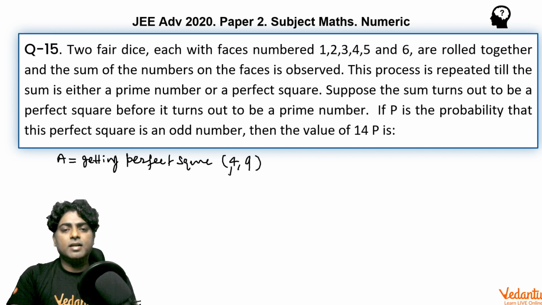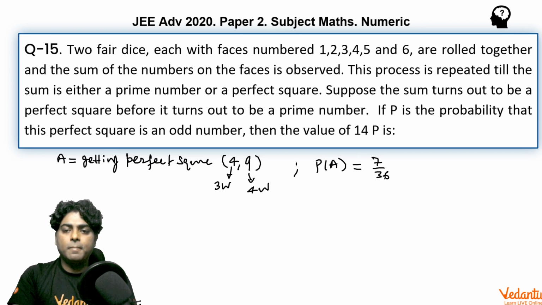Now 4 can come in three ways: 1 and 3, 3 and 1, 2 and 2. 9 can come in 4 ways: 3 and 6, 6 and 3, 4 and 5, 5 and 4. So what is the probability of getting a perfect square? It is obviously 7 upon 36. Clear?